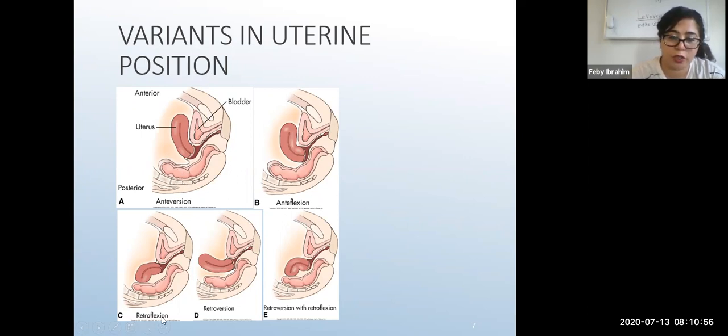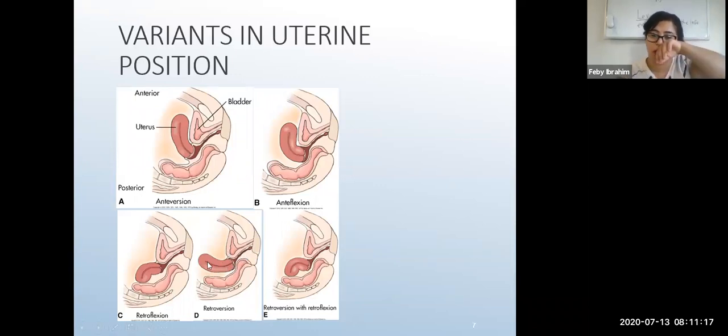In retroflexion and retroverted, look here at retroverted, how it looks like a straight line. The vagina and the cervix and the fundus and body are in a straight line, forming an angle greater than 90 degrees.